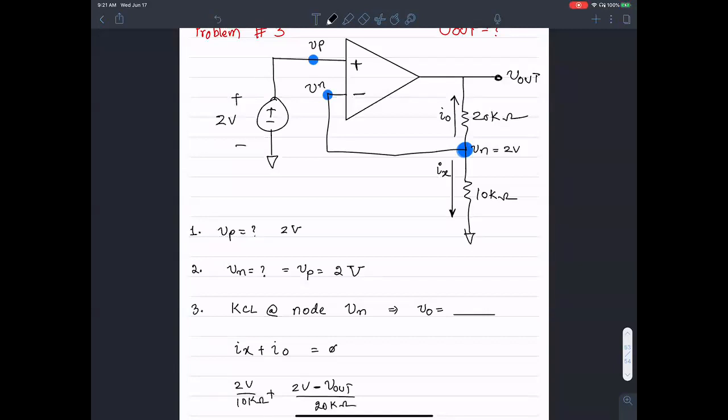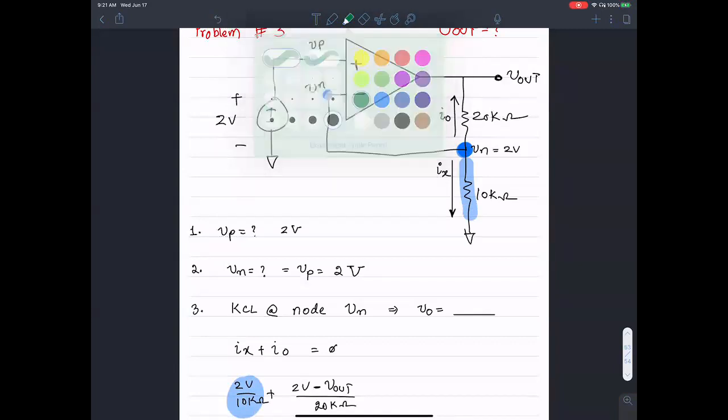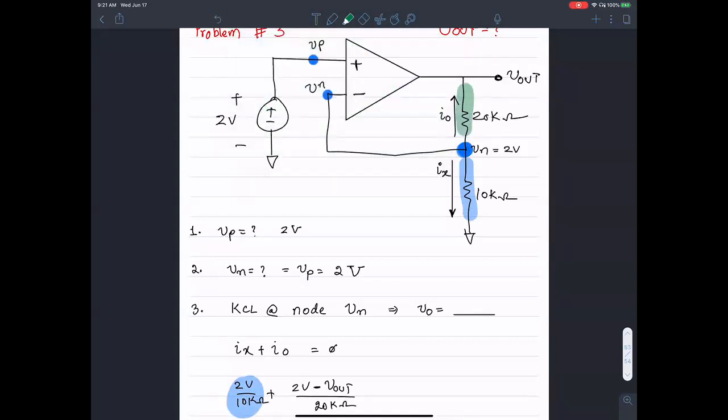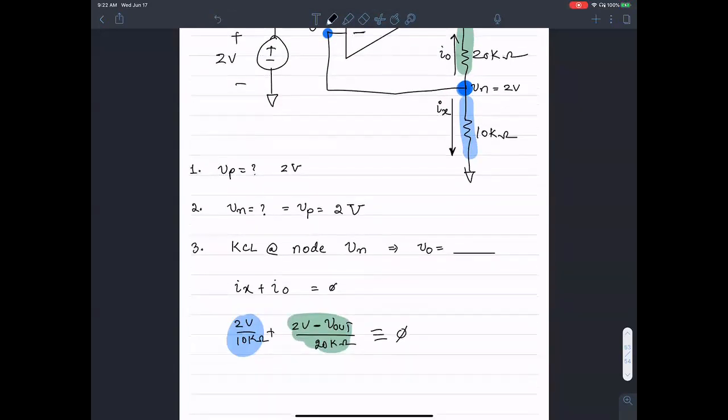Each of these represents the current IX, that's this guy, and IO, that's this guy. And all of that should equal 0. You massage this equation. V out should come out to be, like Tyler said, 6 volts.